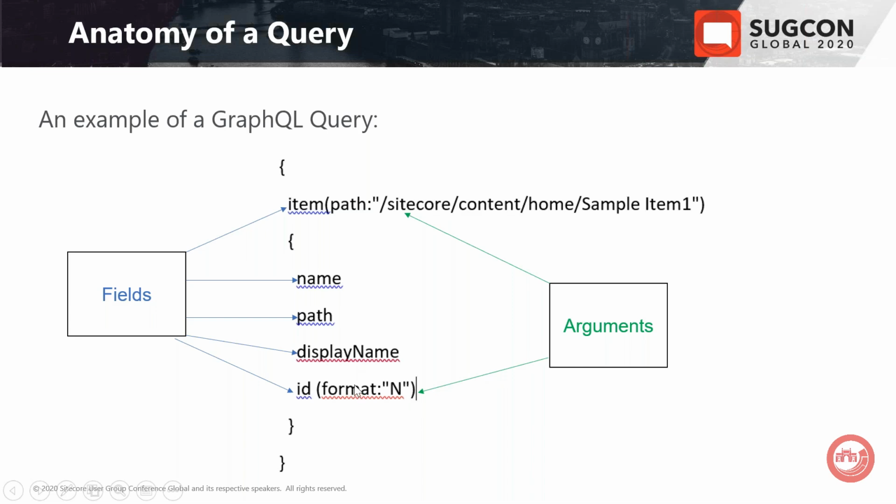You can also issue a query to get the template and its own fields, not the inherited fields. It takes path as an argument here. So these are all fields, and these two are arguments. The specific thing is that we can pass arguments to fields as well.